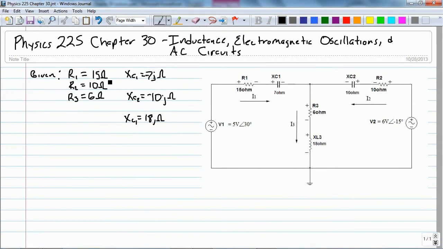So now these are paired up, and I can create a combination of those two, and I'm going to call that Z1. Then I can make Z2 here, and Z3.